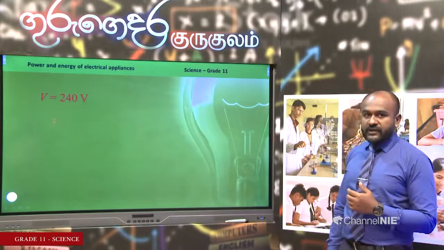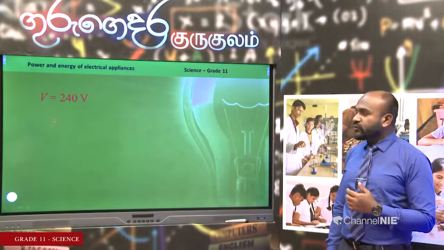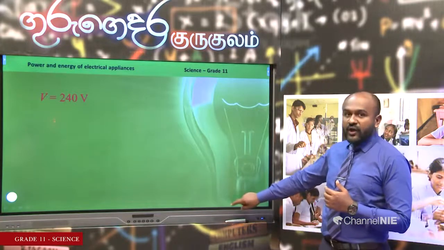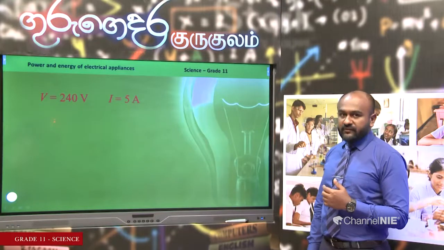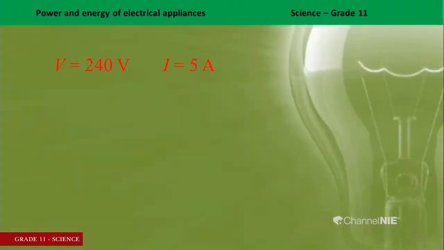Here I have shown you how to get the answer. We write the quantities given. V equals 240 volts, which is the voltage, and I equals 5 amperes, which is the current, and we are asked to find power, which is P in the formula. P equals VI.